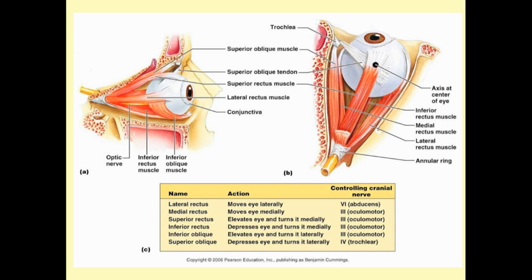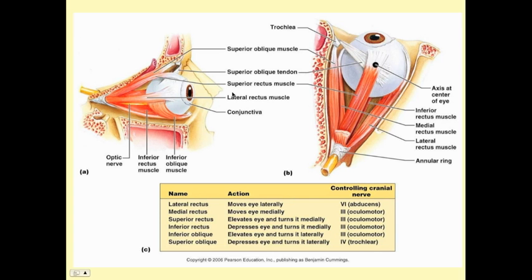So this is innervated by the trochlear nerve, and we remember it is that there's the trochlea that changes the direction of the superior oblique, and so it's the trochlear nerve. The lateral rectus is responsible for moving the eye away from the midline, so abducting the eye, and it's on the lateral side of the eye, not surprisingly.